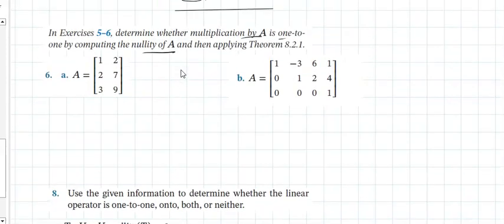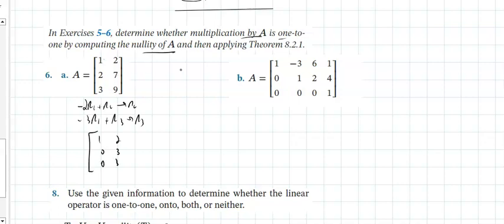Well, let's see. If I take negative row 1 plus row 2 in row 2, and negative 3 row 1 plus row 3 in row 3, what would happen? So we have a negative 2, that's a 0. Negative 2 row 1 plus row 2. That's a 3. And if we multiply by negative 3, that's a 0. And negative 6, that's a 3.